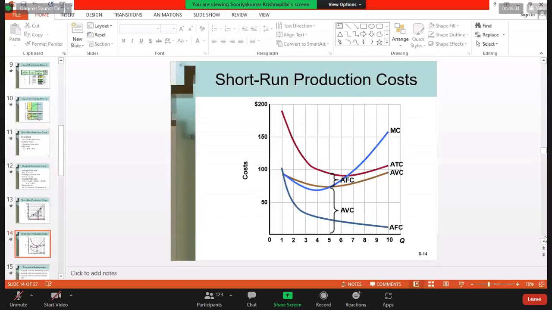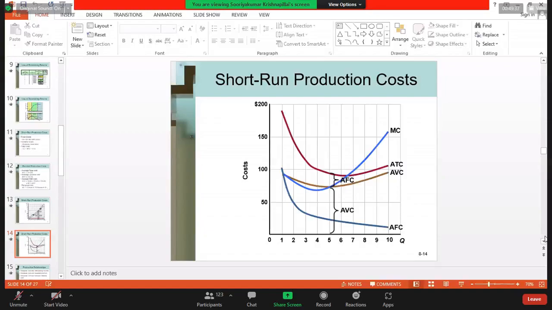So average total cost is the summation of average variable cost and average fixed cost. So that is average total cost. You can see the relationship between average total cost and average variable cost at the initial level of output. You can see the gap is big between average variable cost and average total cost.